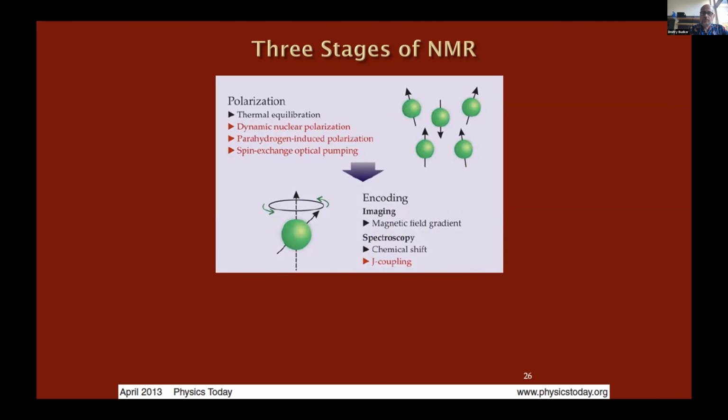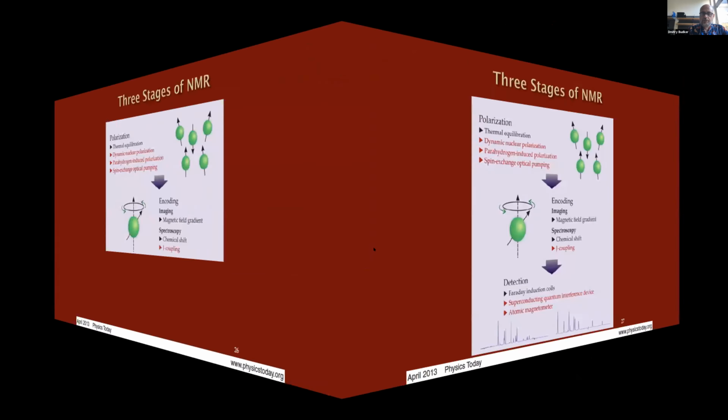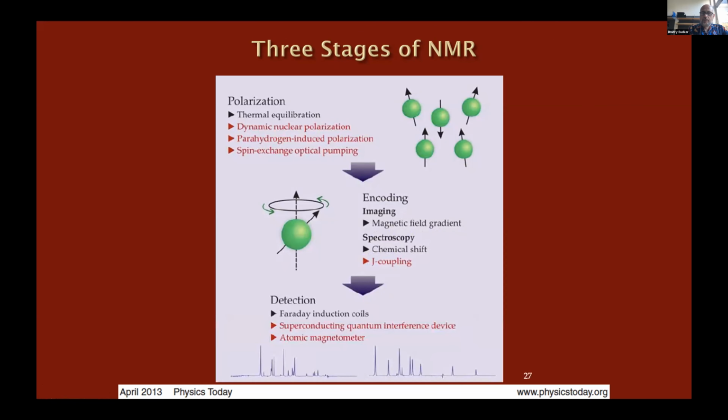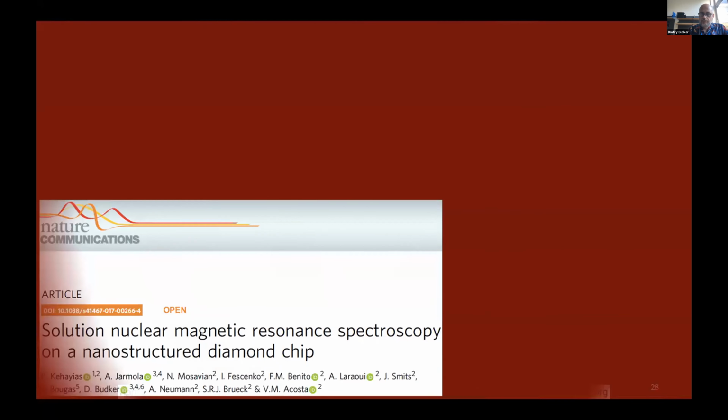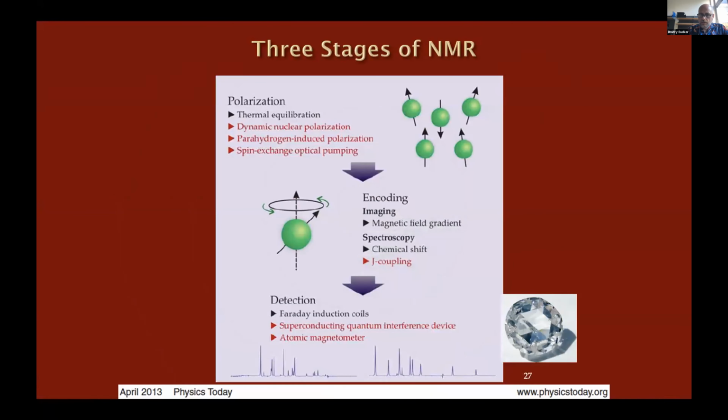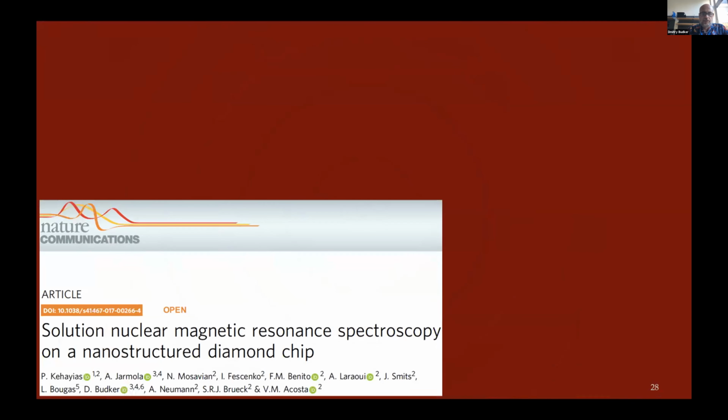Then in encoding, for instance, if we do NMR spectroscopy, we do not rely on chemical shifts that would need big fields, but we rely on something that's called J coupling. And that is, in atomic physics language, second order hyperfine coupling, and that also doesn't rely on strong fields. And I should say that you can use diamond these days for each of the 3 stages here.